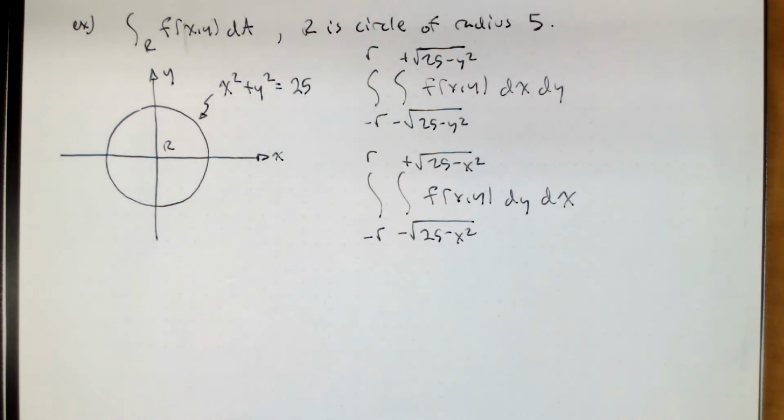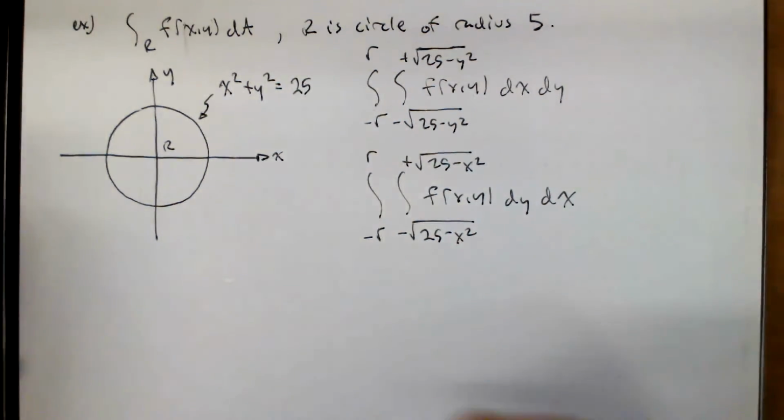Now we want to describe this region in polar coordinates. Since we're going all the way around, theta will go from 0 to 2 pi.